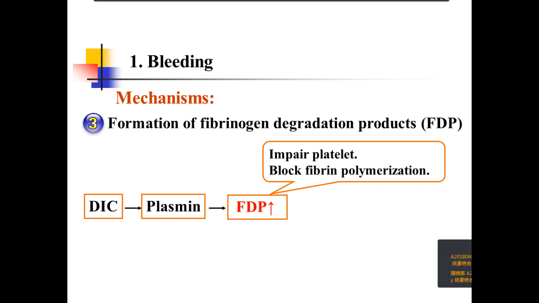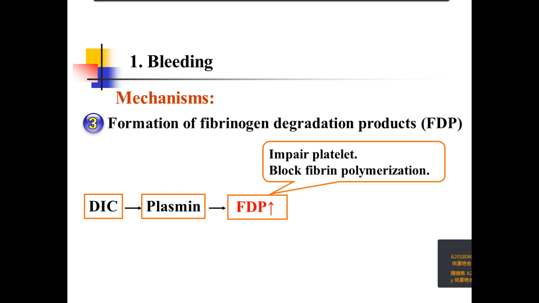So when FDP increases, fibrin can't form a clot, which leads to decreased coagulation function and bleeding.